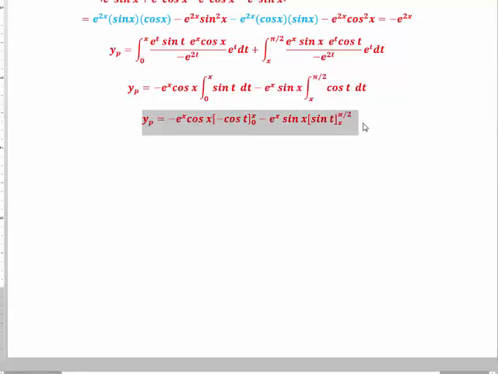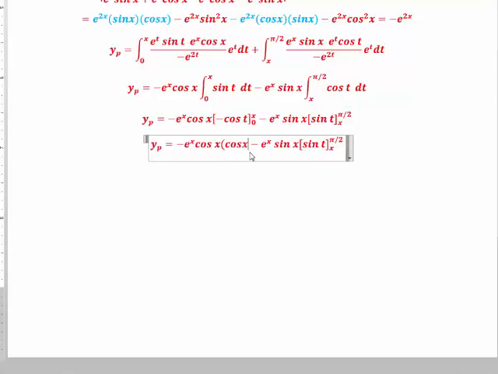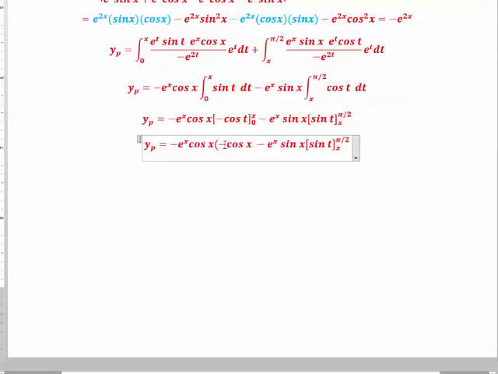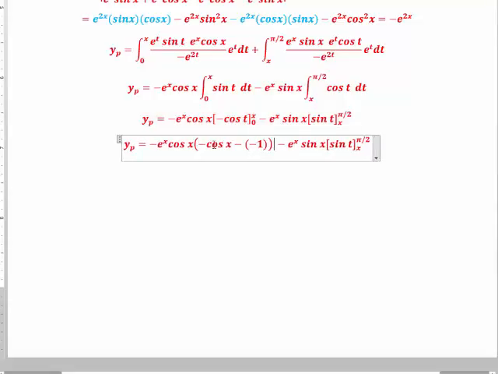All right, let's continue on. So this thing, after being evaluated, will give us negative cosine x. Let's be careful with negative signs. And then we have a minus, and then another minus. Cosine of 0 is 1. So that's the first integral. And the second integral, how's this one going to look?